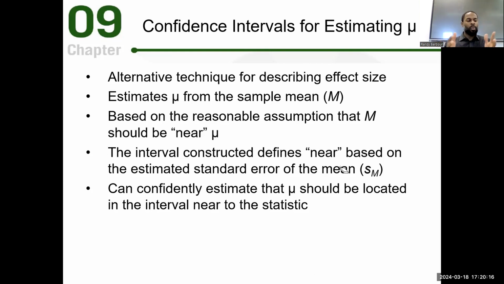So if our estimated standard error is wide enough, and we are using what we call either a 95% confidence interval or a 99% confidence interval, those confidence intervals give me an interval that I am confident that my population mean will be located within.